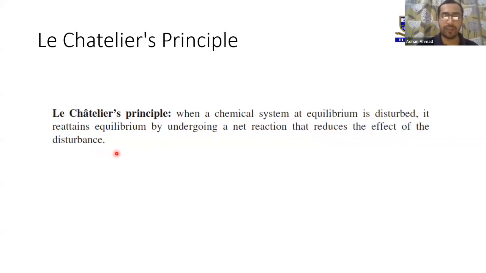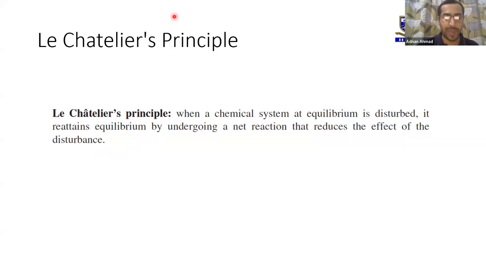It means that when you have a reaction at equilibrium, with reactants and products, their rates are balanced. So if we disturb the chemical equilibrium, the reaction will change itself in order to reestablish the chemical equilibrium.